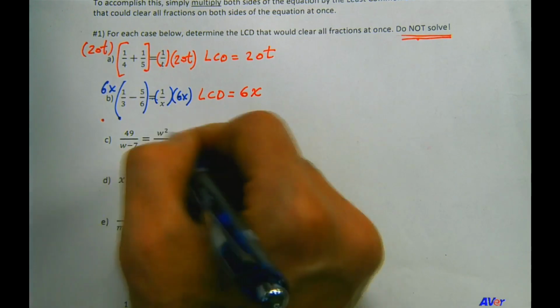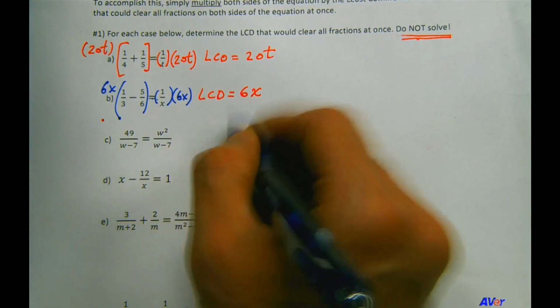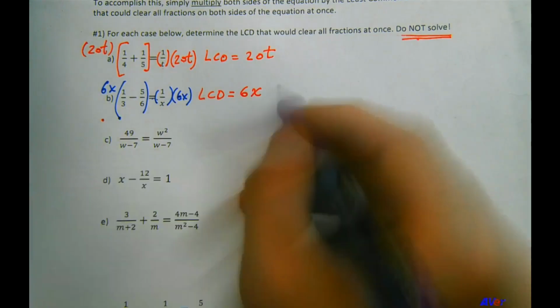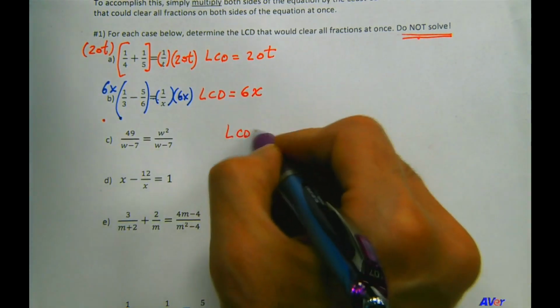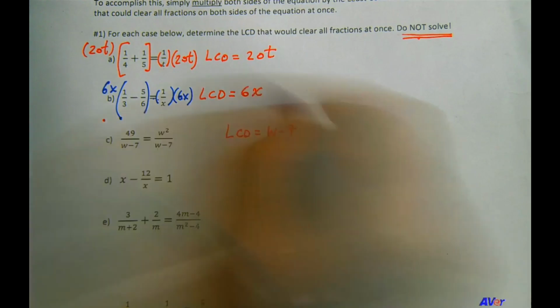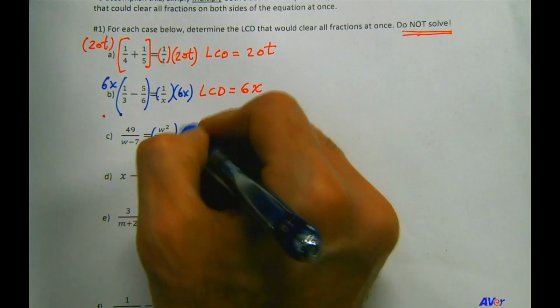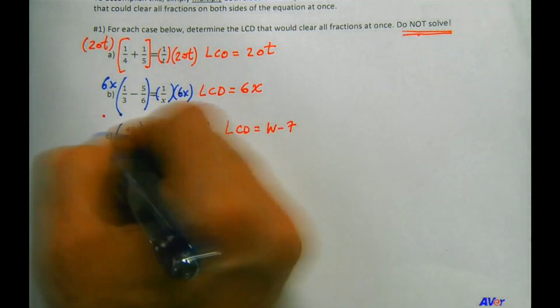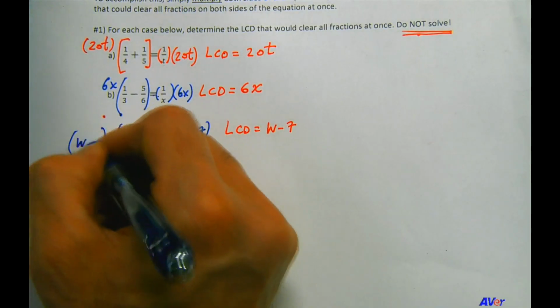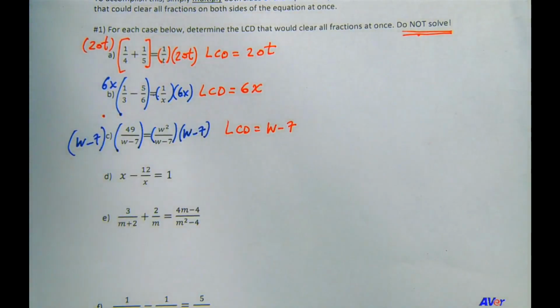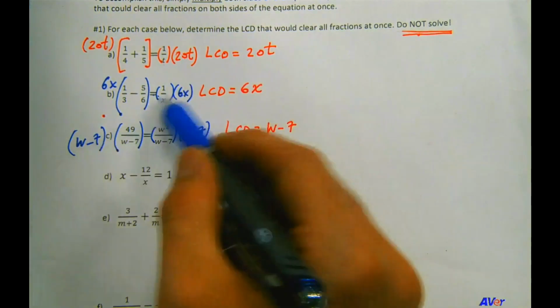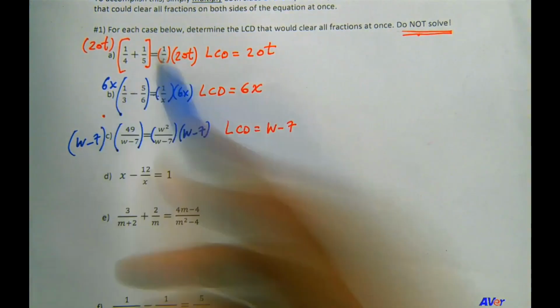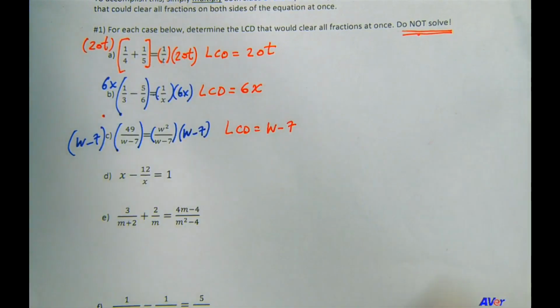Well, if you said the LCD here is W minus 7, you're absolutely correct. So that would be this side multiplied by W minus 7 and all of that side multiplied by W minus 7. Do you see that? Both sides must be multiplied by the same thing, not different things.